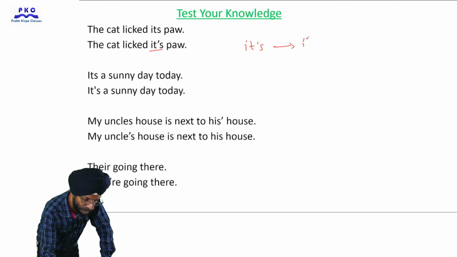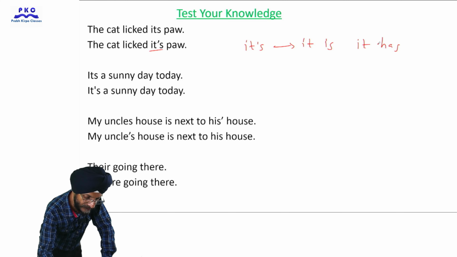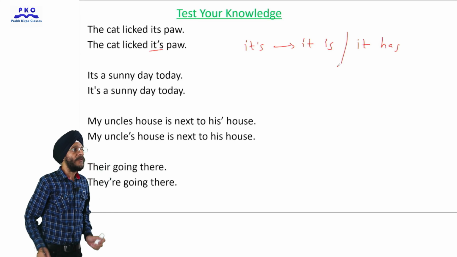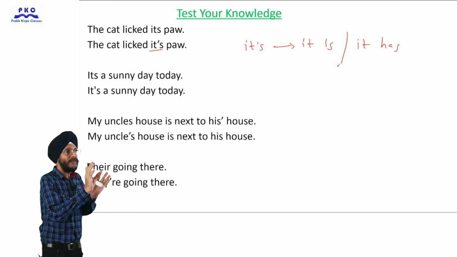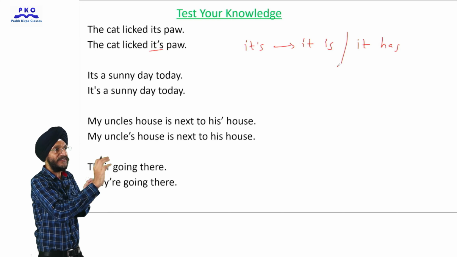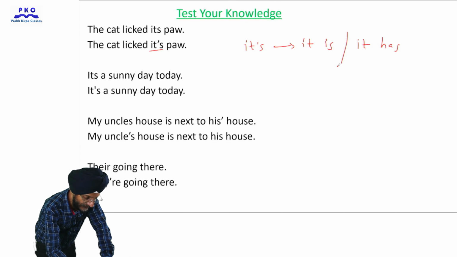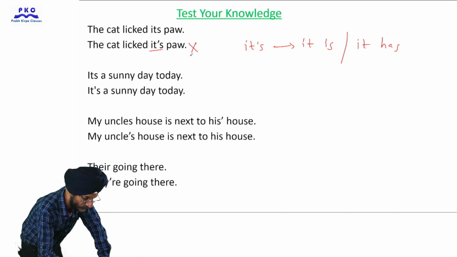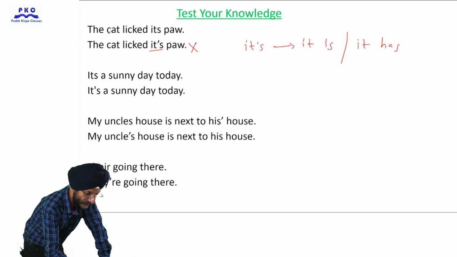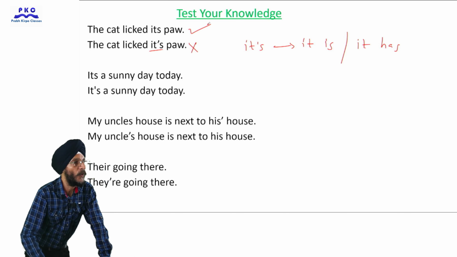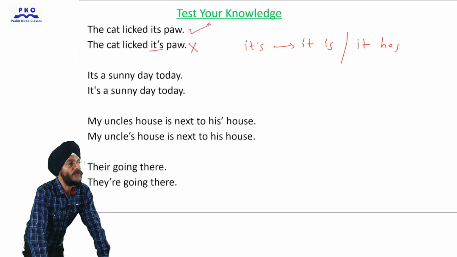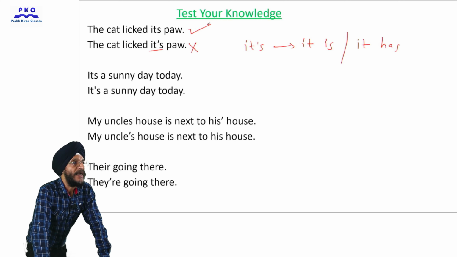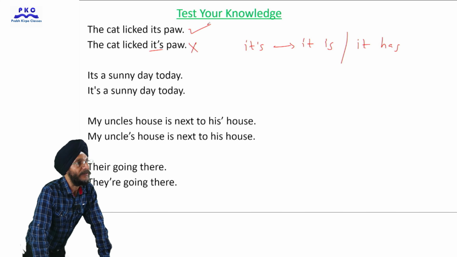It stands for it is or it has. So whether it is or it has fits into the second sentence: the cat licked it is paw, the cat licked it has paw. No, it does not fit. The first sentence, the cat licked its paw, is okay. It shows that the paw belongs to the cat.